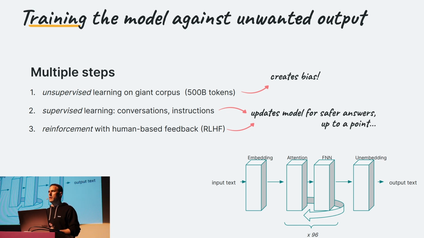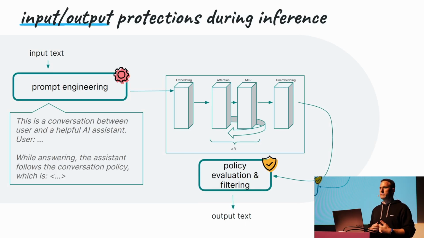So another protection is necessary, and this is generally implemented during the inference phase, when you are actually executing the network to produce output while the users are using it. The first step is prompt engineering.